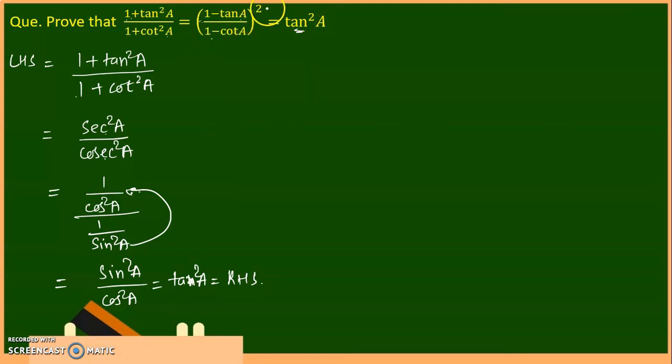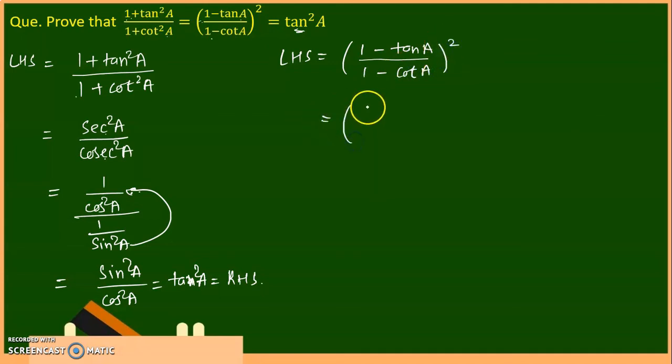So here if you take the left hand side, it equals 1 minus tan A upon 1 minus cot A whole square. So this is 1 minus tan A, and here in the denominator this cot A can be written as 1 upon tan A whole square.